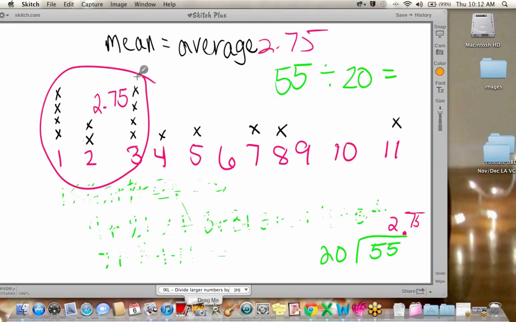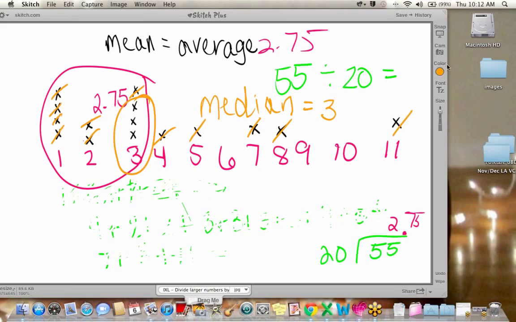To find the median, all you have to do is mark off the highest, then the lowest. Highest, lowest. And you're going to end up in the center. And we end up with a median of 3.